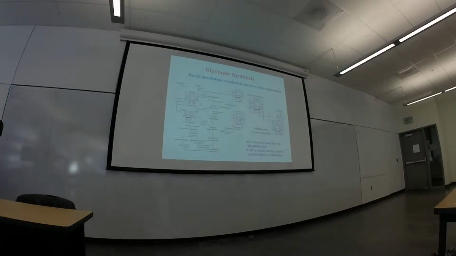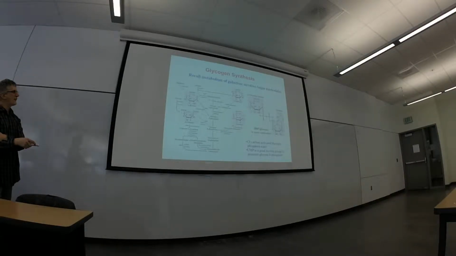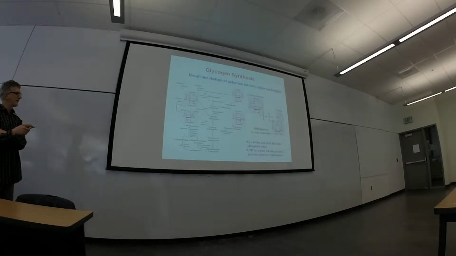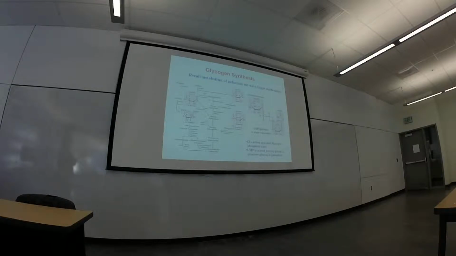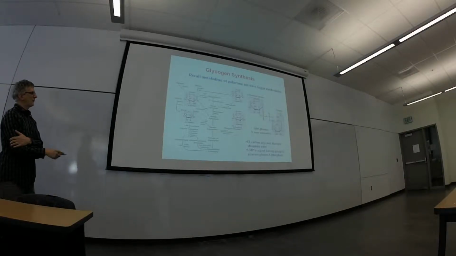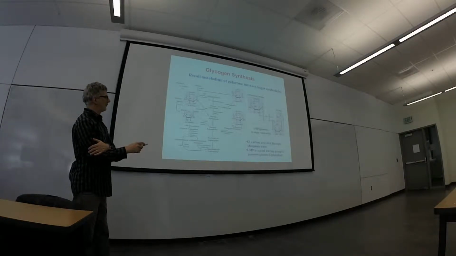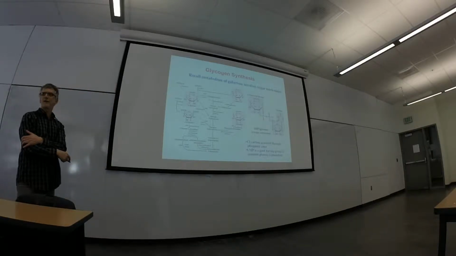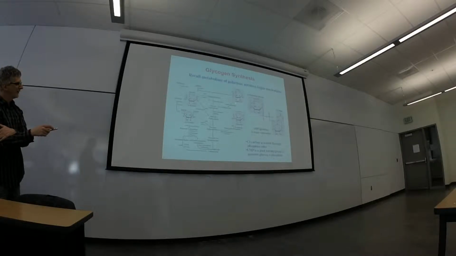So glycogen synthesis. This slide is not really about glycogen synthesis yet, but it's here to remind you that when we talked about how galactose was mobilized to go into the pathway for glycolysis, we learned about these sugar nucleotide molecules, in particular UDP glucose, which is used in this pathway.